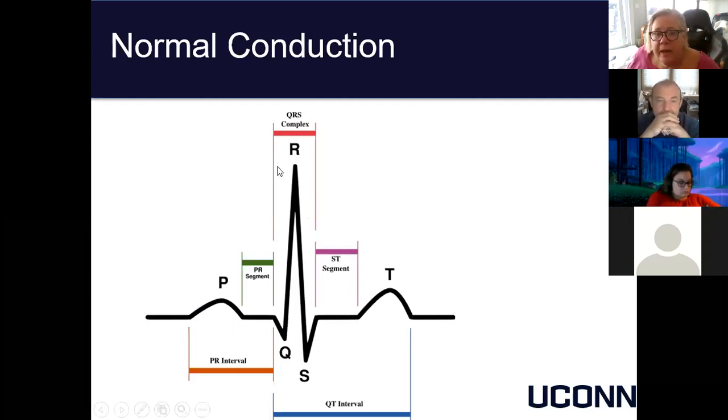The QRS is from the beginning of the Q to the end of the S. The QT interval is from the beginning of the Q to the end of the T. And then here's your ST segment, which we measure sometimes, but we're more concerned with whether it is at baseline, above baseline, or below baseline.